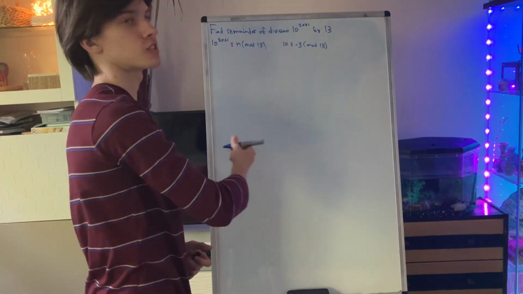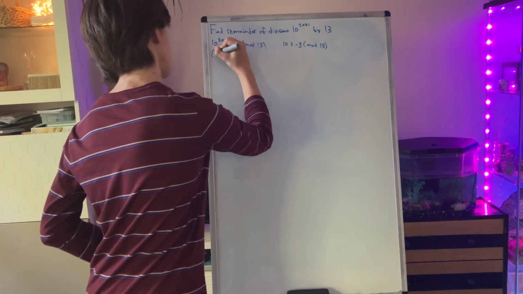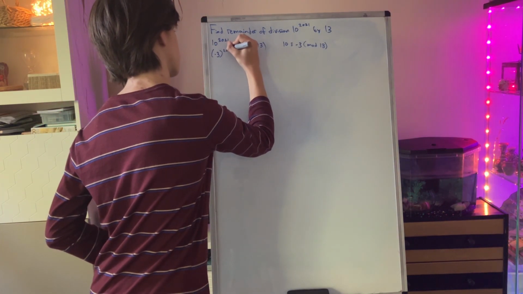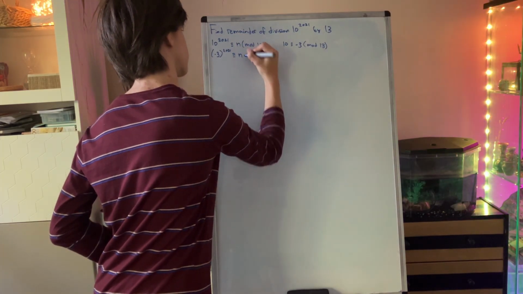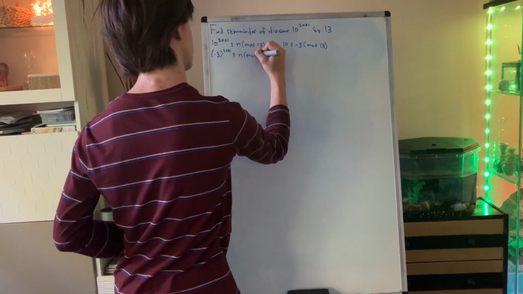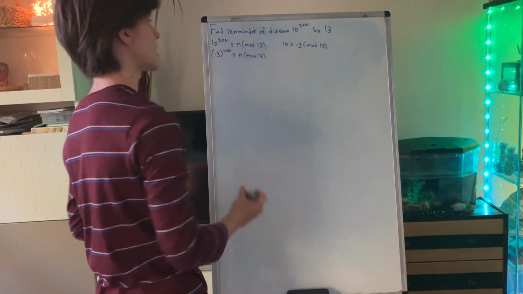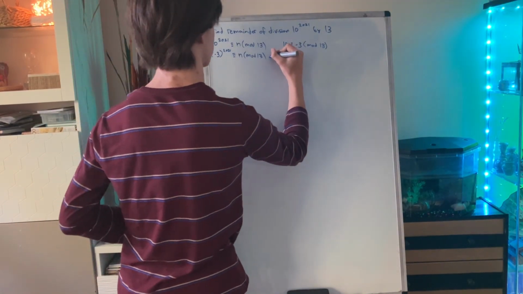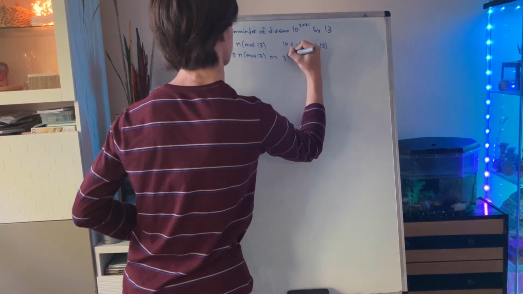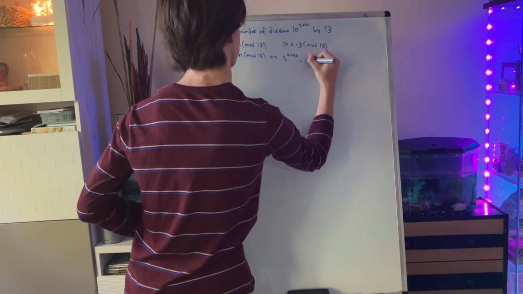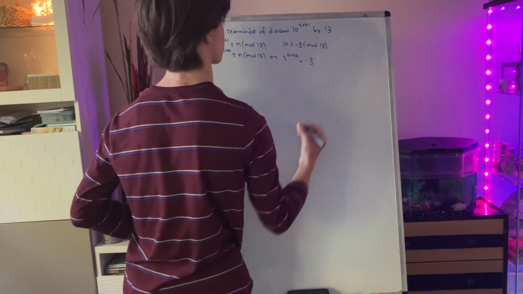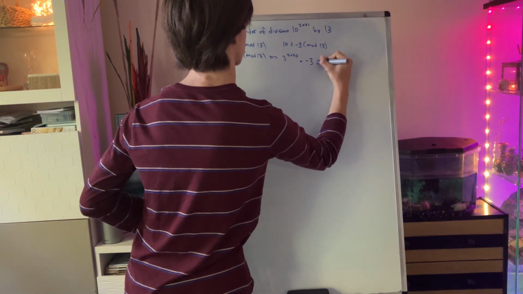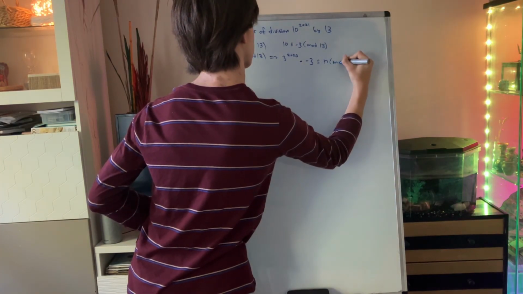So we can substitute this into our congruence. -3 to the 2021 congruent to n mod 13. Just like I did last time, I like to make it more positive. So 3 to the 2020 times -3, so it's like a minus, is congruent to n mod 13.